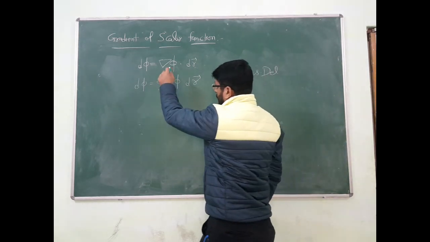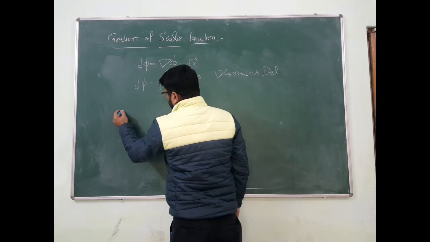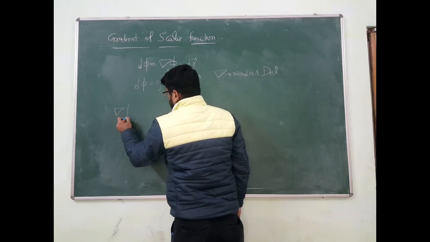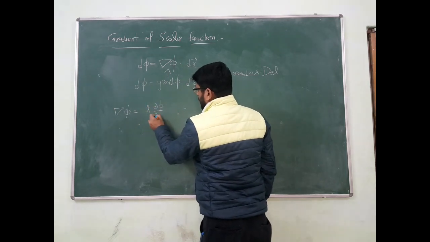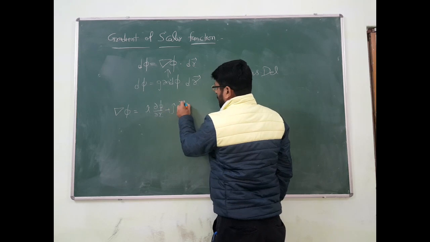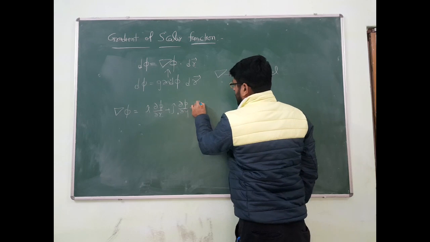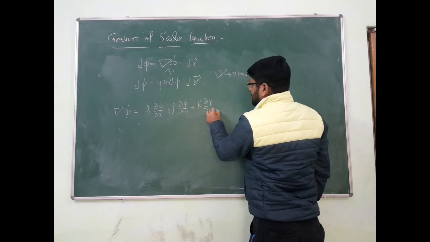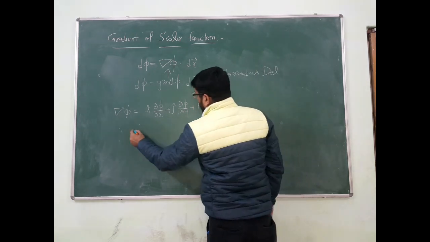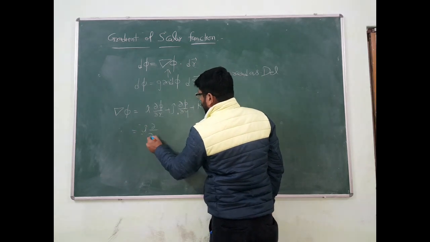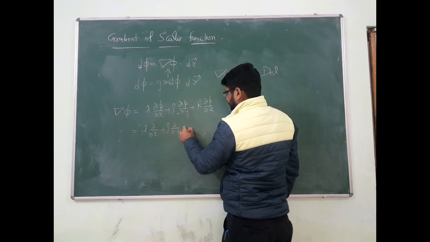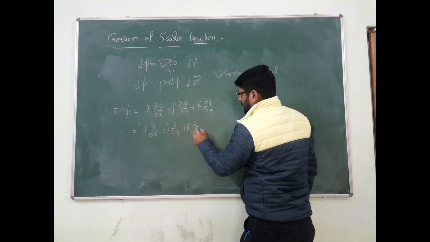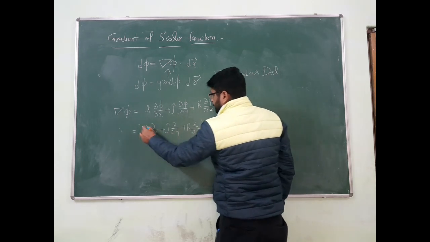If you compare this del, what was del phi? We have just written it as i cap curly phi over curly x, j cap curly phi over curly y, and k cap curly phi over curly z. This can be written as i cap curly over curly x, j cap curly over curly y, k cap curly over curly z, into phi.